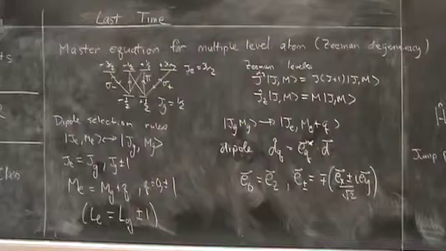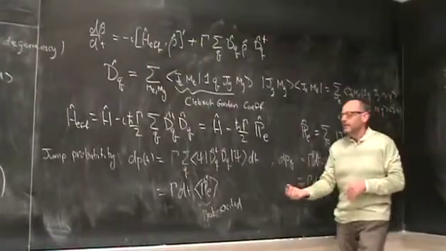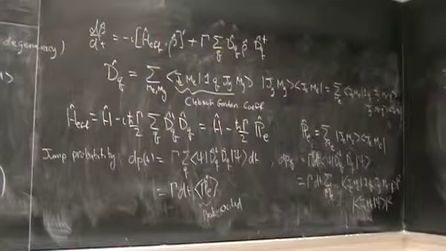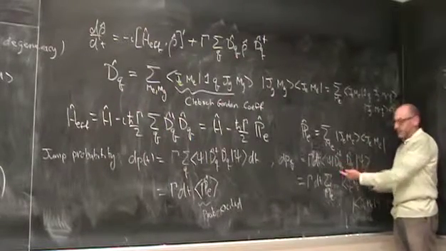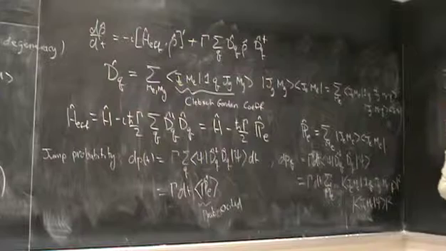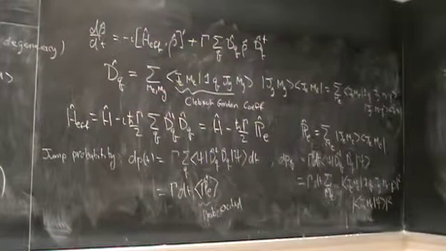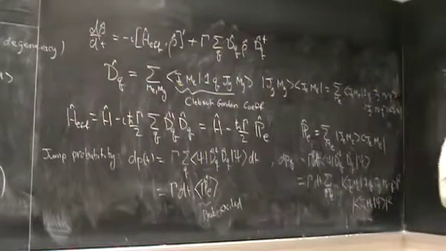The probability for that jump to happen in a small time interval, delta t, depends on the total probability to be in the excited manifold. And then which particular jump happens is given by the standard formula. These are my jump operators, and that depends on the Clebsch-Gordan coefficients for a particular transition. Okay?